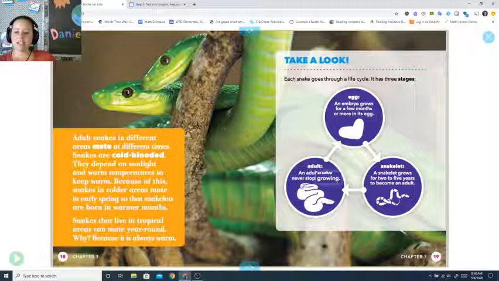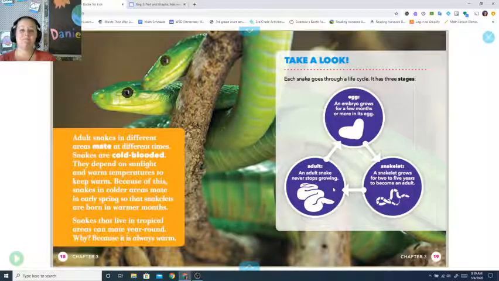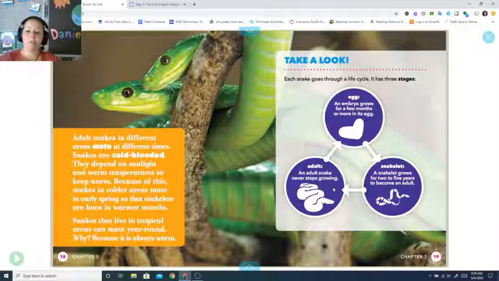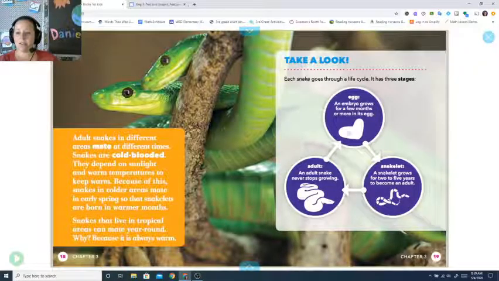So, an adult snake never stops growing. So, they keep getting bigger and bigger. I actually did not know that. That's something new that I learned. That's pretty cool. And then from there, adult snakes make little babies, little embryos, right? So you've got this diagram right here that's showing the flow of how it's kind of like the circle of life, right? If you've ever seen The Lion King.